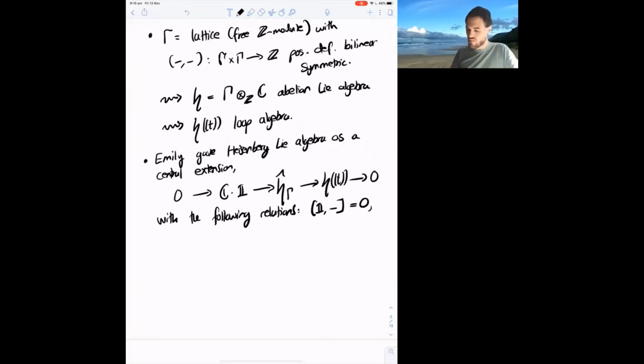And then the bracket on the loop algebra part was quite interesting.